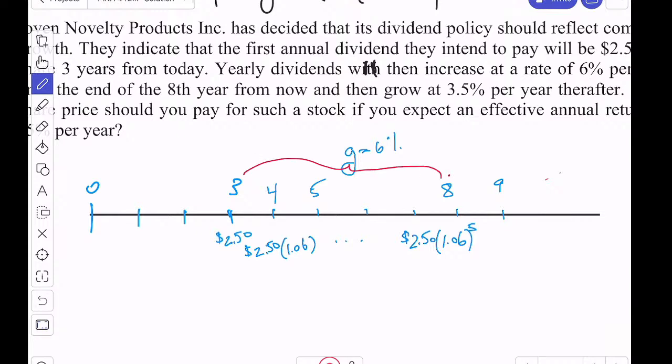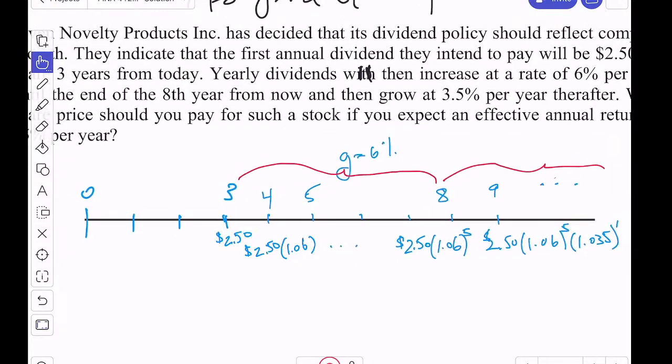But then after that, it'll grow indefinitely at a different rate. All right, let's see if you follow my logic.